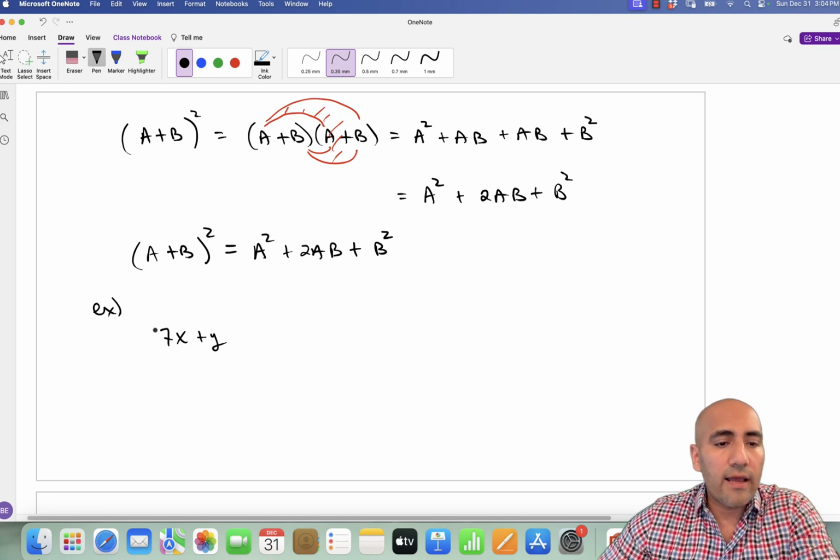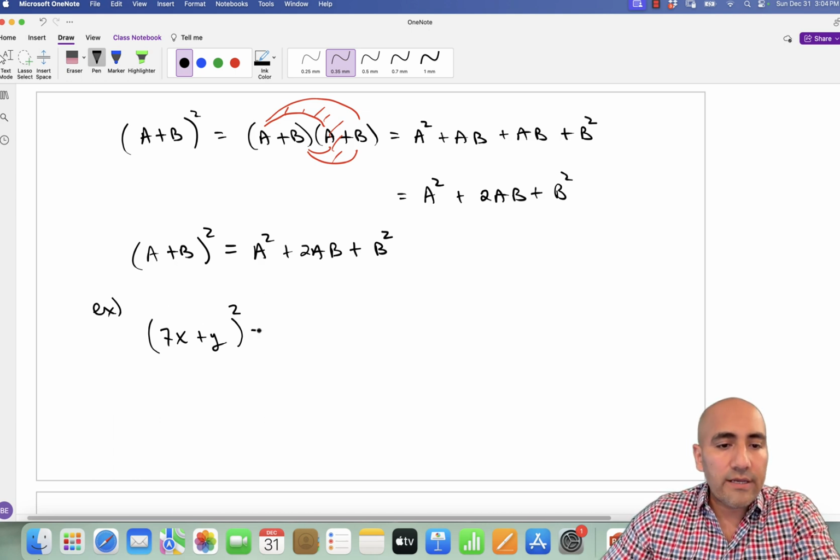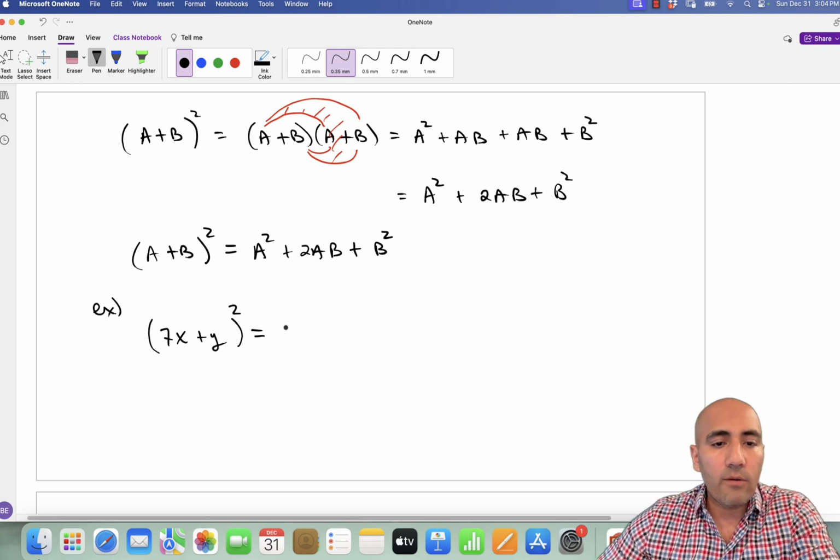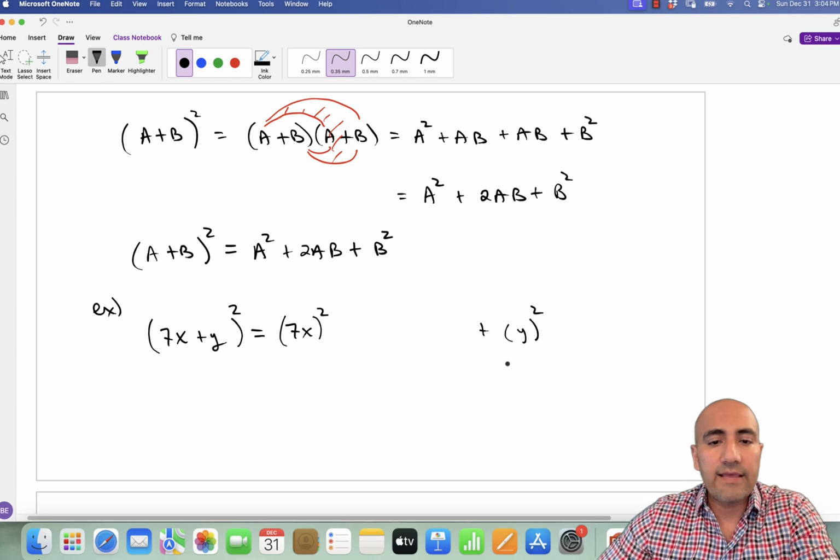7x plus y parentheses squared, again, this fits this form. I could FOIL it all out, or I could say, well, it fits a form. I know a pattern. So this is 7x parentheses squared at the beginning, the first term squared, the last term squared at the end. So let's put a plus y squared at the end there.